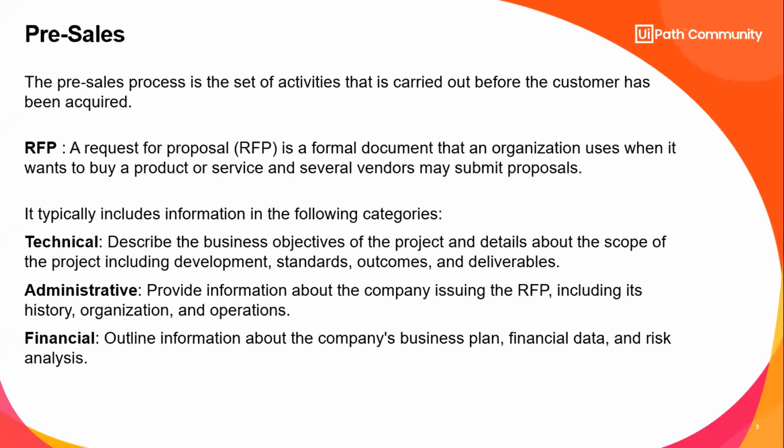Then we'll have the technical team required to do this work, the assumptions and dependencies we are making when doing the solution, and then the financial aspect, that is, the total investment required to put this solution live.